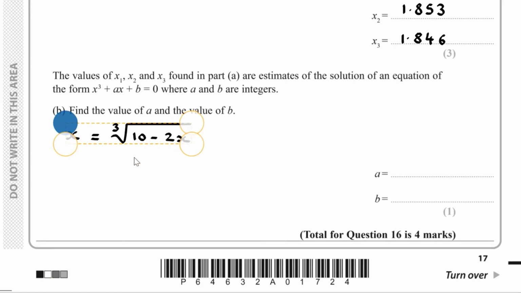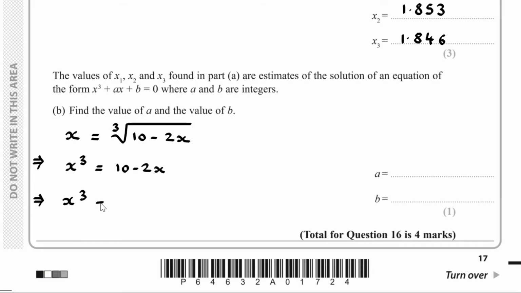So, if we rearrange this to write this in the required form, cube both sides, we end up with x cubed equaling 10 minus 2x, and taking everything over to one side, we have x cubed plus 2x minus 10 equals 0.